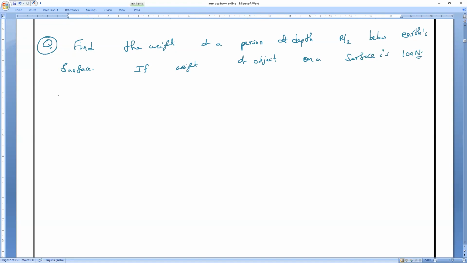This is the question. Option A, 100 newtons. Option B, 200 newtons. Option C, 60 newtons. And option D, 50 newtons. So these are the options.